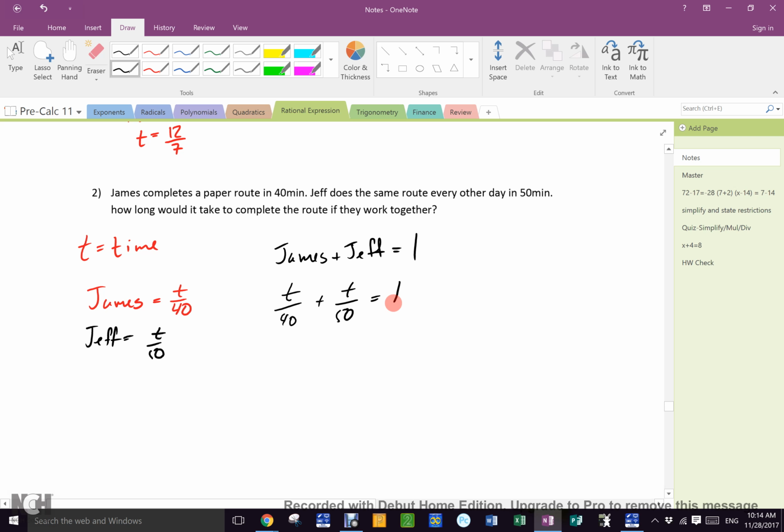What's my common denominator? What's the common denominator between 40 and 50? 200. So that needs what? How do I get from 40 to 200? Times by 5.